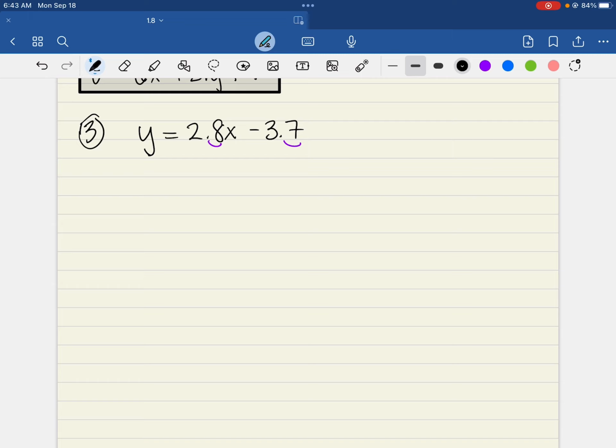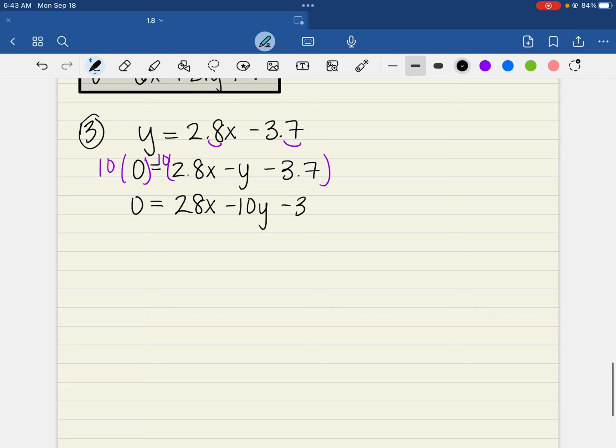Because my x term is positive, I'm going to go ahead and move my y to the right. And now I will go ahead and multiply by 10. So 0 equals 28x minus 10y minus 37.